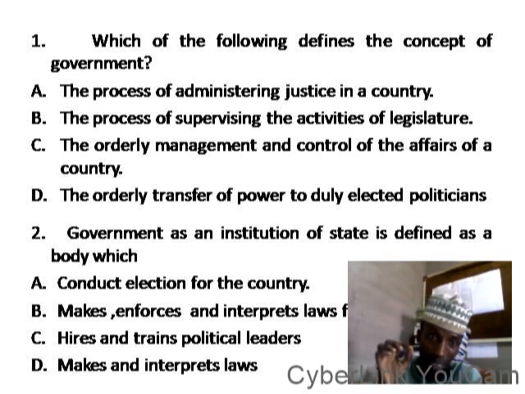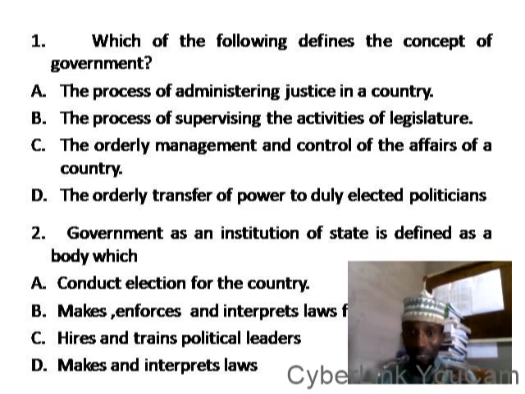Looking at option D very well, makes and interprets is just for legislature and judiciary. Nothing here talks about the executive.